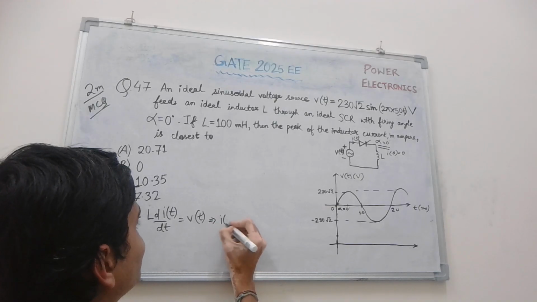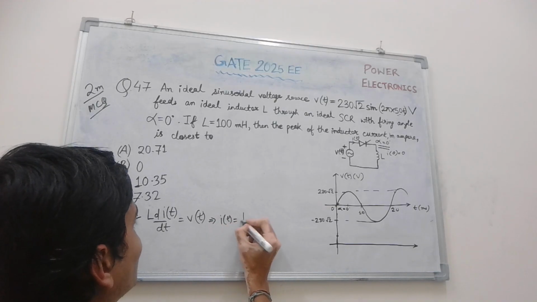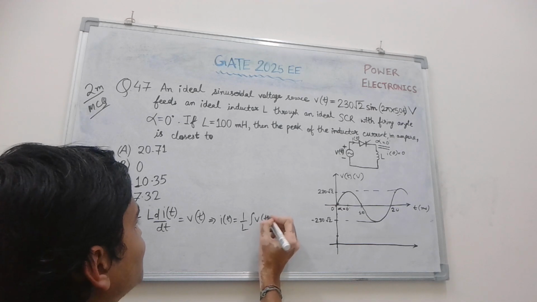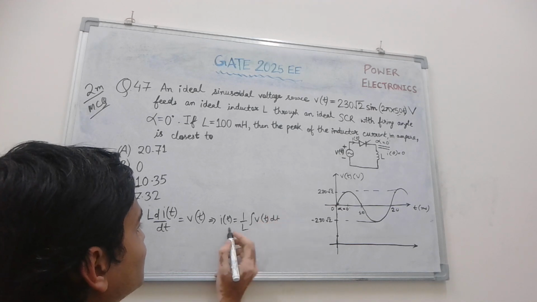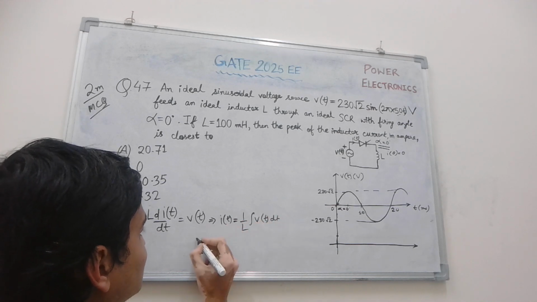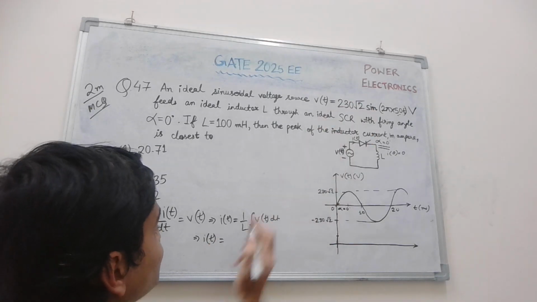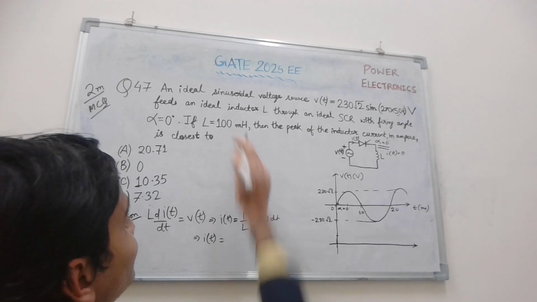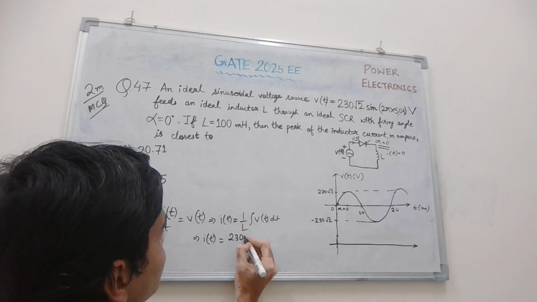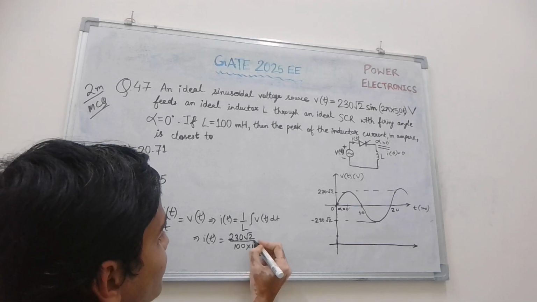So we can write I of t equal to 1 by L integration of V dt. If you put this expression in, along with the value of L, 230 root 2 by 100 millihenry, that is 100 into 10 to the power minus 3.